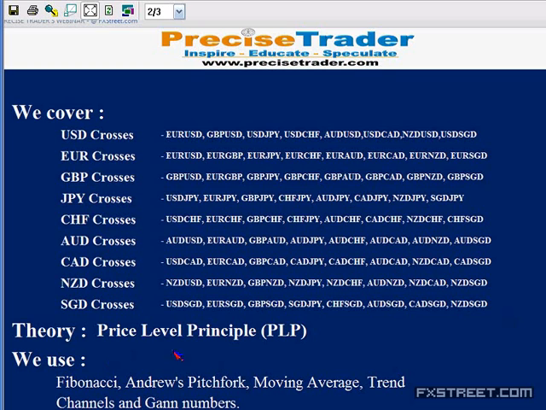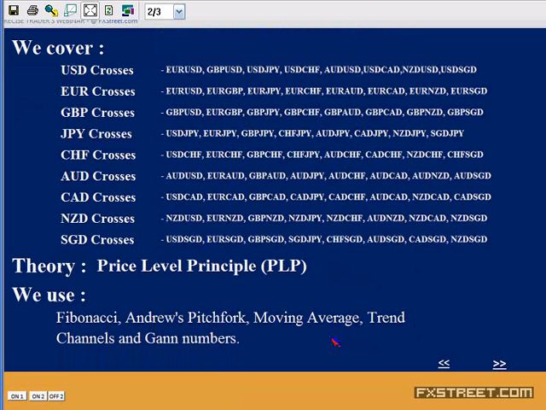Do take note that the theory behind our approach to the market is a price level principle, or PLP in short. Basically, we trade on specific price levels rather than hitting the market most of the time, unless our system says you should have been long or short, and then it's up to you to decide.